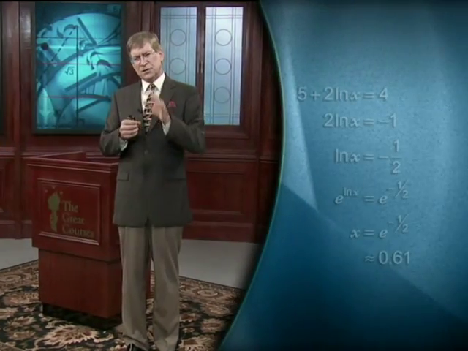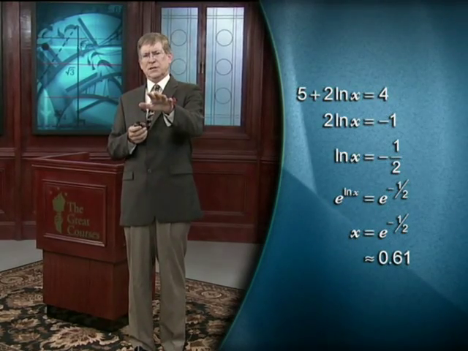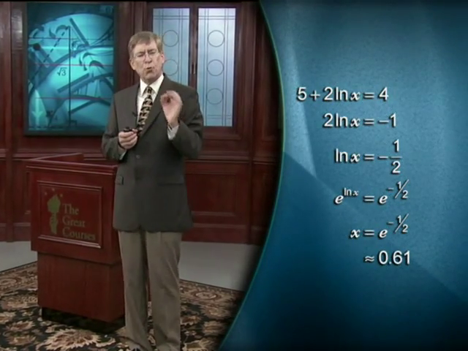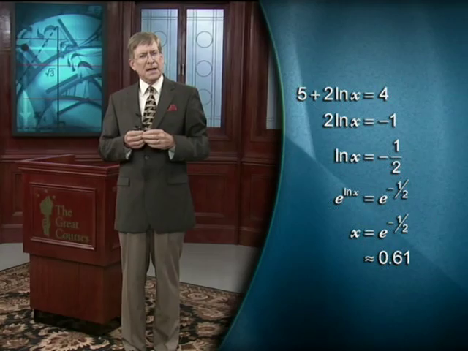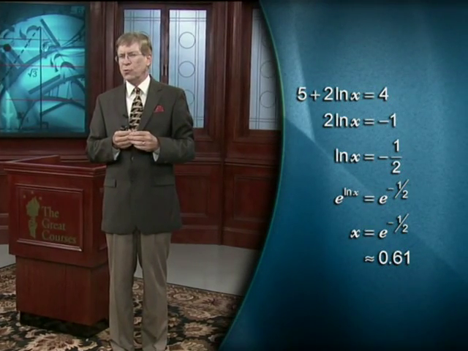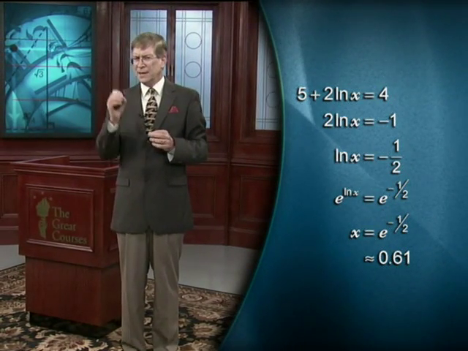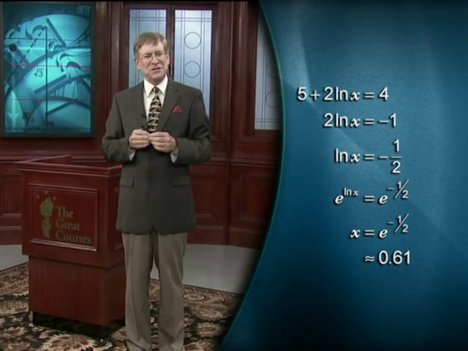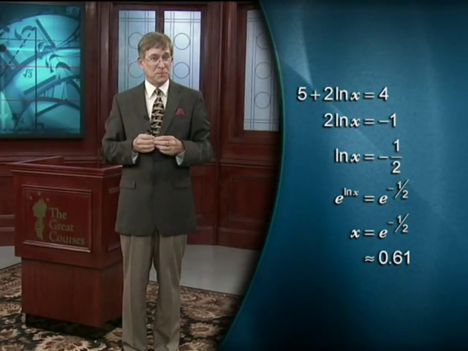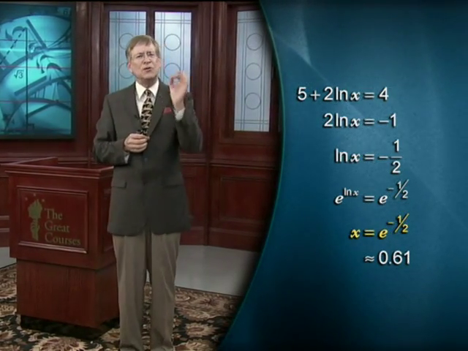If a student solves this problem on a test and writes the answer as 0.61, I'll take off a few points. And here's why. The answer is not precisely 0.61. That's an approximation. The exact answer is e^(-1/2). So if I had asked for the exact answer, which I usually do, they've got to write down e^(-1/2).